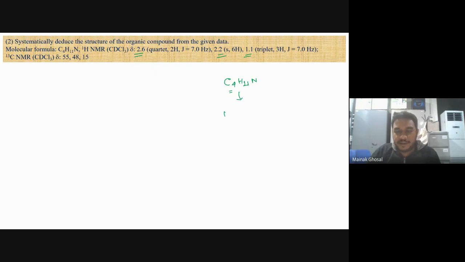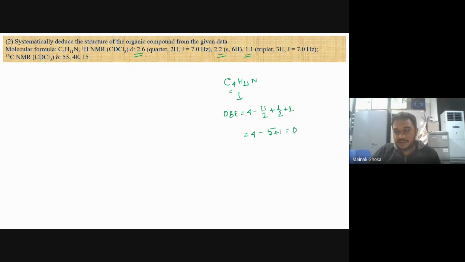Now when you find the double bond equivalence here, you have C4 minus H by 2, 11 by 2, plus N by 2, no heteroatom is there, plus 1. So 4 minus 11 by 2 plus 1 by 2, this will be 5, right, plus 1.